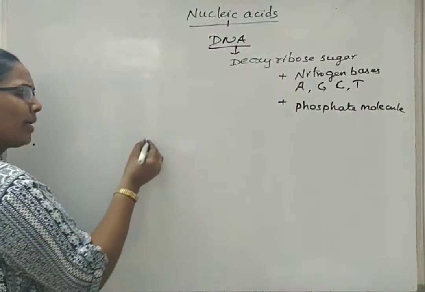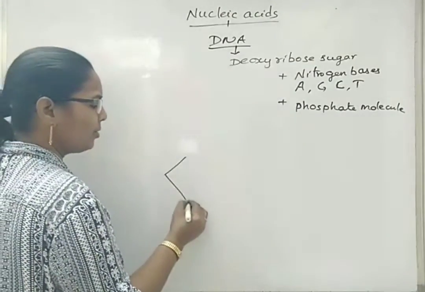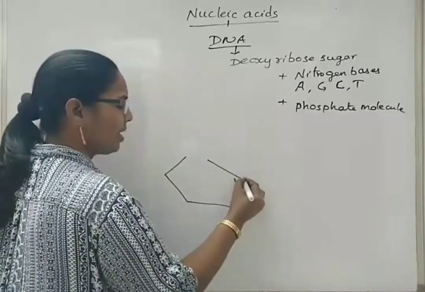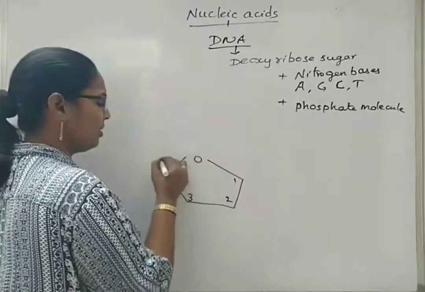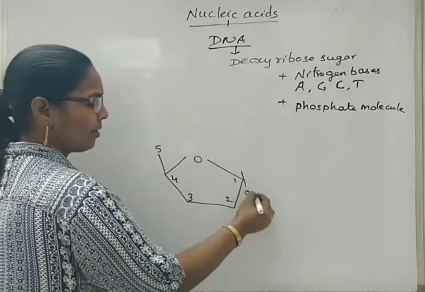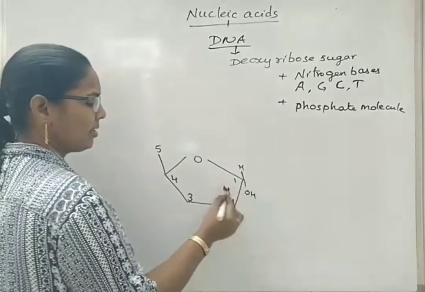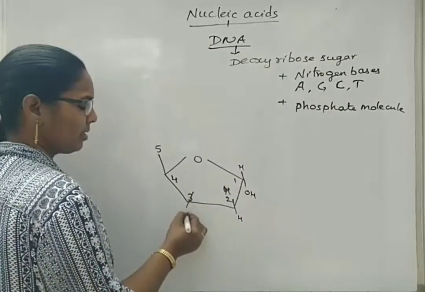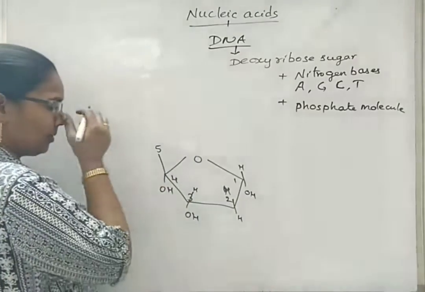If we frame out the biochemical structure of the nucleotide of DNA, the pentose sugar, that is deoxyribose sugar, will be having carbon 1, carbon 2, carbon 3, carbon 4 and branched carbon 5. OH, H, H, H. Next OH and H. And here is one OH.